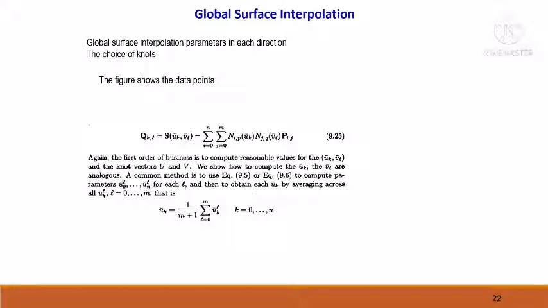An efficient algorithm follows here, and it computes both uk and vl. It requires local arrays of length n plus 1 and m plus 1.